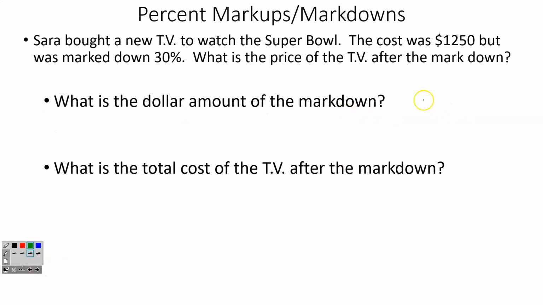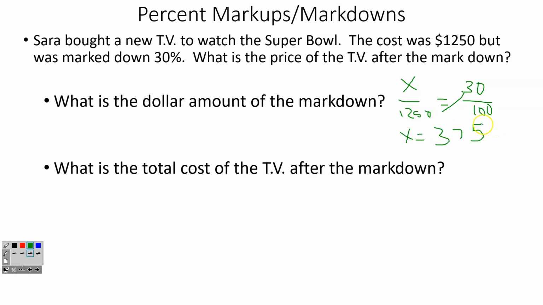So we're going to do X over the cost, which is $1,250, equals our percent, which was 30 over 100. We're going to put into our calculators 30 times $1,250, and divide it by 100. So we get an answer of X equals 375.